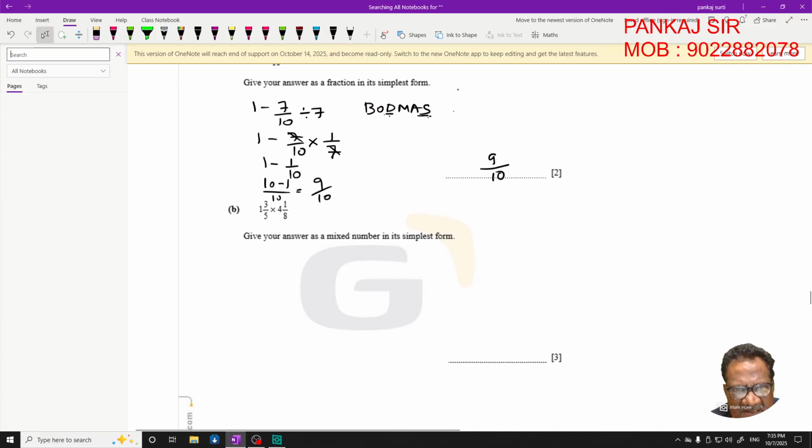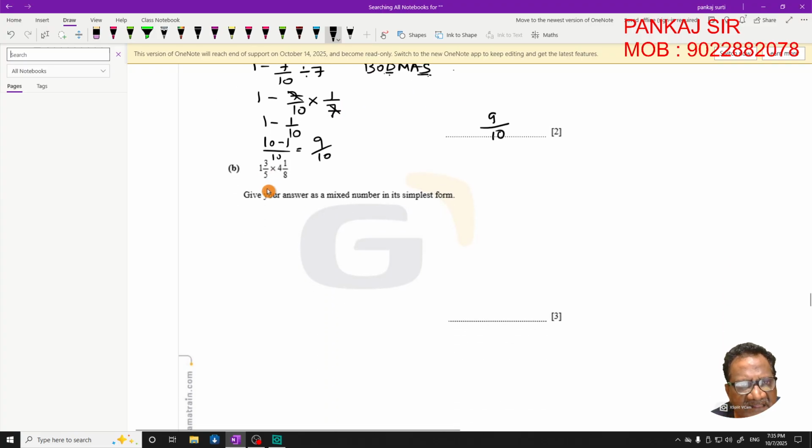Now part B of this question is 1 3 by 5 times 4 1 by 8. You have to multiply, and you have to see that the mixed number is in its simplest form. What we will do, 1 3 by 5, I can write in improper fraction form: 5 ones are 5 plus 3, 8 upon 5, times 4 1 by 8, which I can write in improper form as 8 fours are 32 plus 1, 33 upon 8.